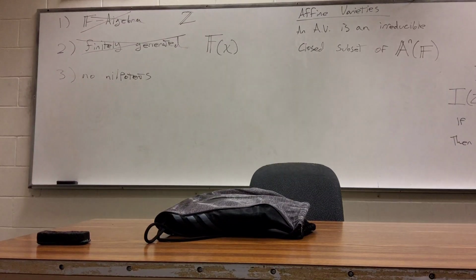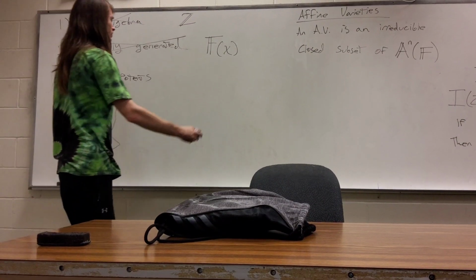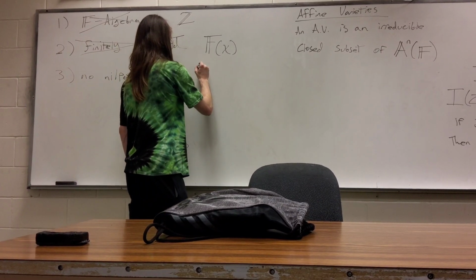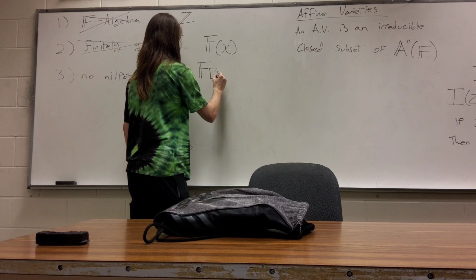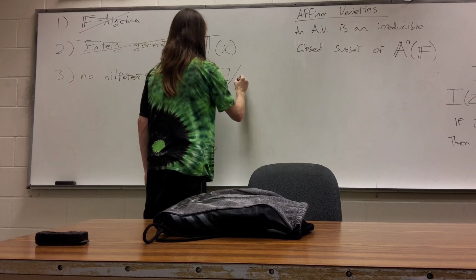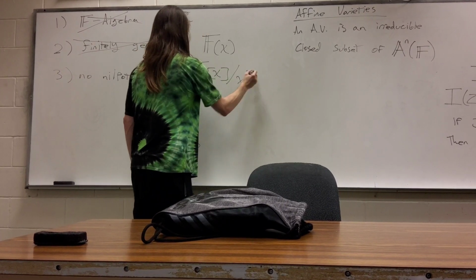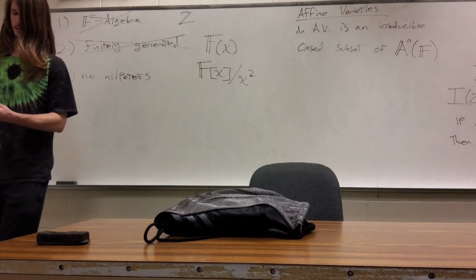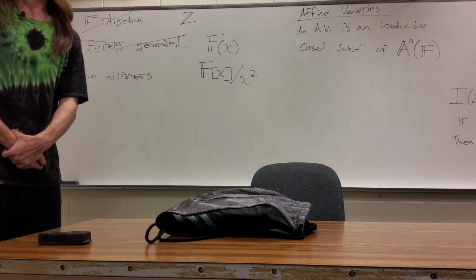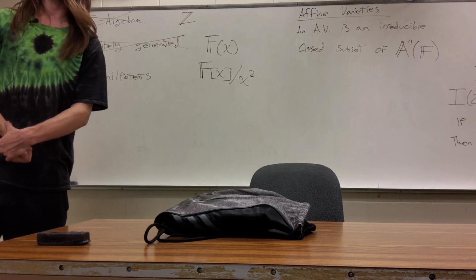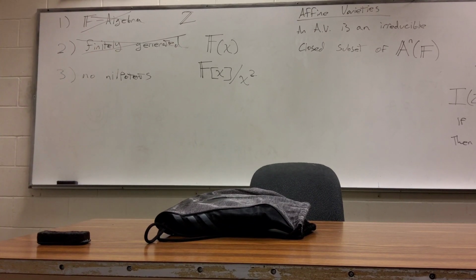And then no nilpotence. Why would we care about that? Well, imagine a situation like this. This is a quotient that arises when studying the intersection of the standard parabola, y equals x squared, with the x-axis, y equals 0.